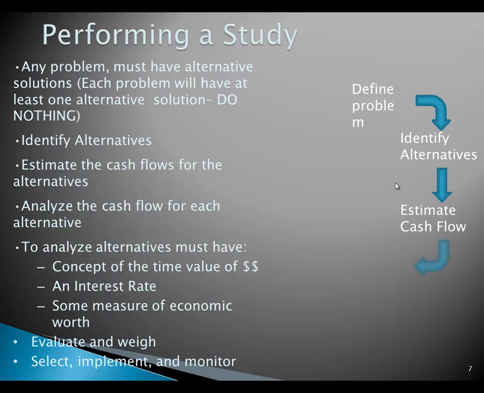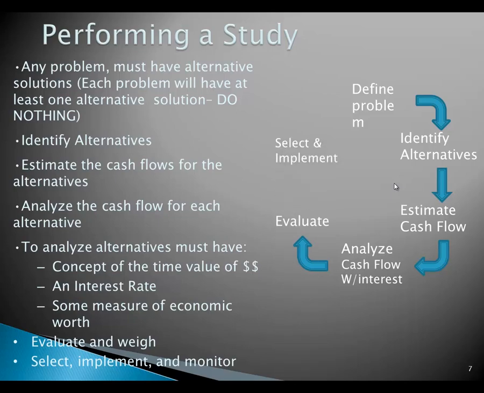Each alternative will be evaluated based on the identified criteria and according to constraints and limitations. The proper alternative will be selected, then implemented, then monitored to make sure that that decision or that alternative was the correct decision. And we go back in the loop again.